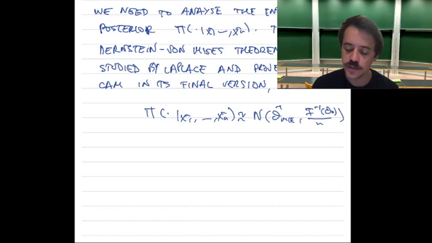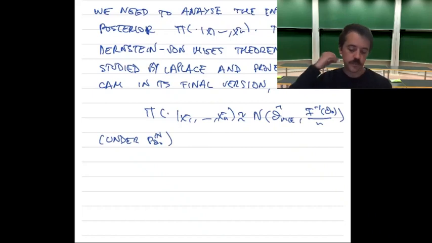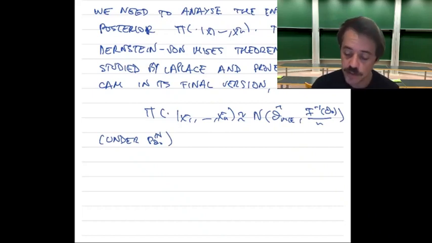And this is under P theta naught with the infinite product probability measure. I will comment on all of this in a second, so let me just state it all.